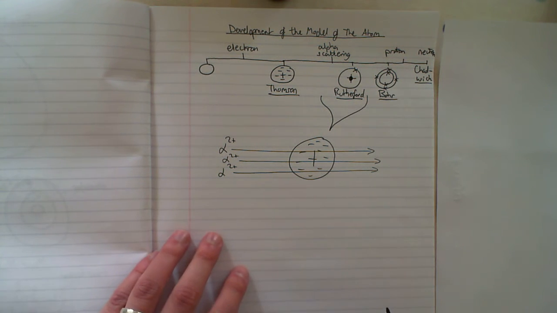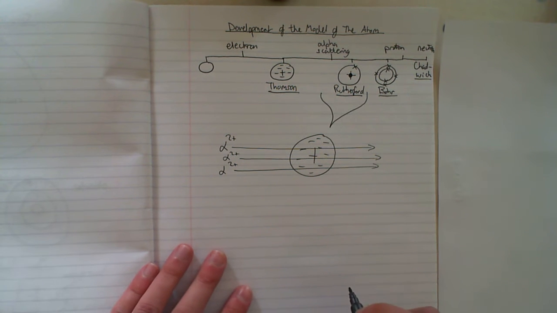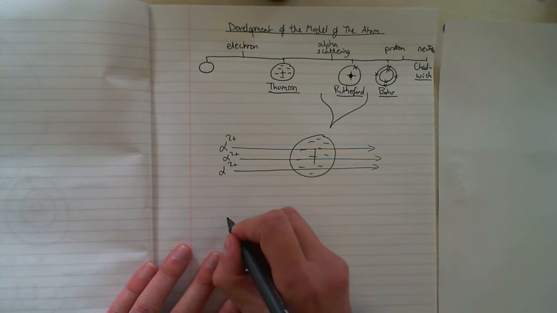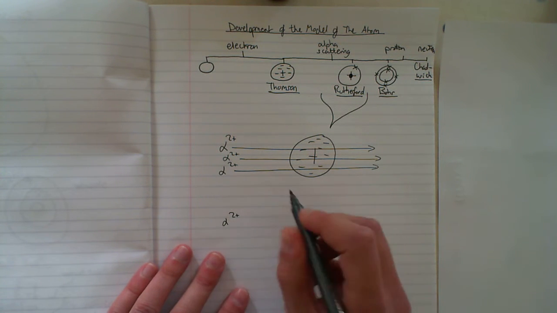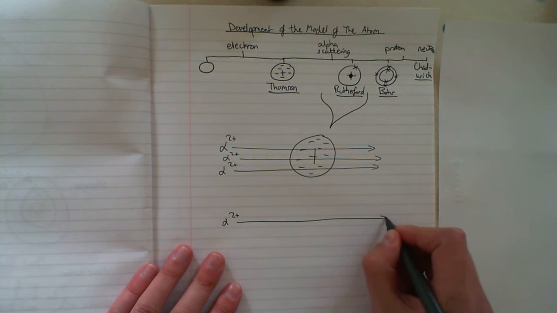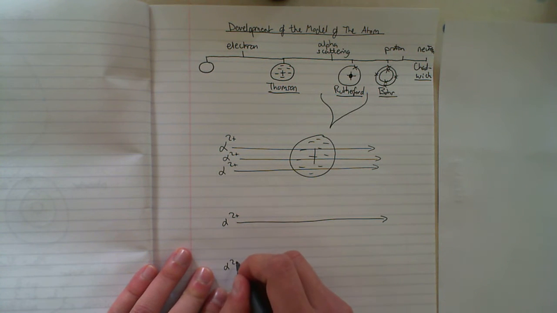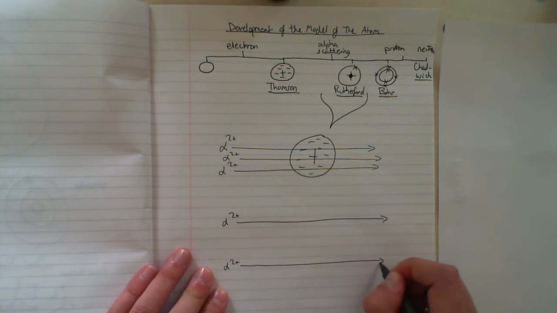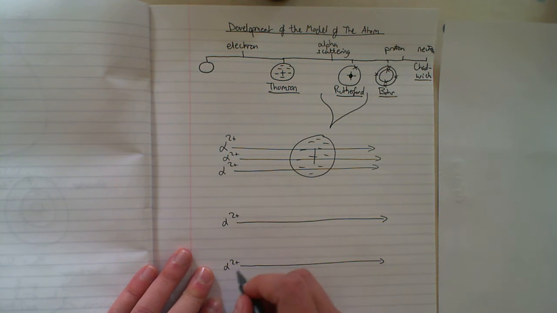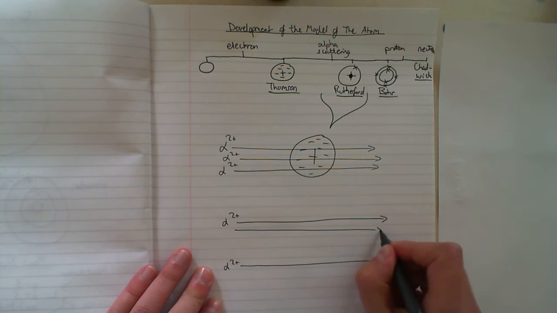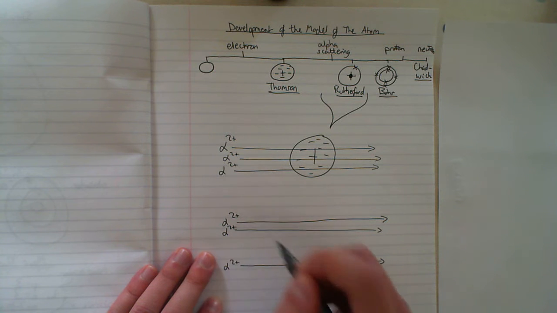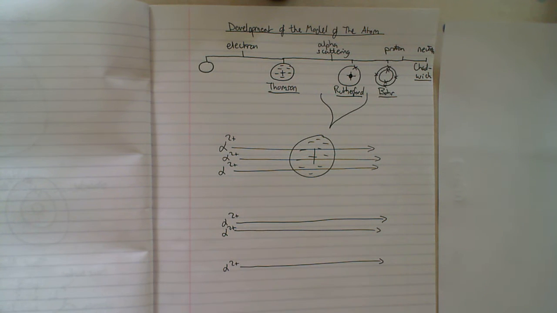But what actually happened when Rutherford did the experiment is he found that pretty much all of the alpha, like 99% of the alpha, went straight through. And what this showed is that the atom was mostly empty space.